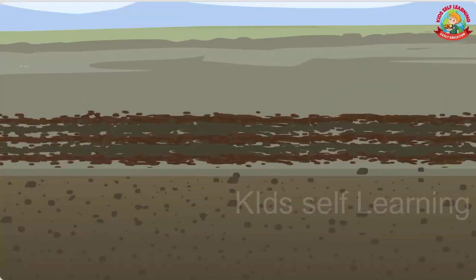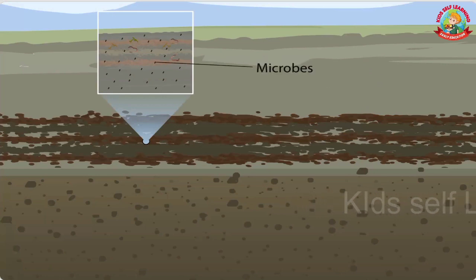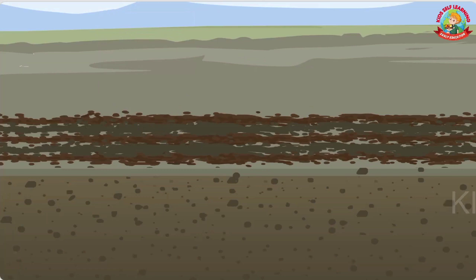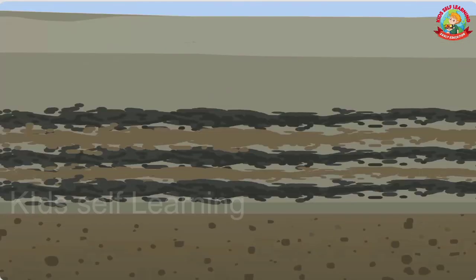The loosened soil helps in the growth of earthworms and microbes in the soil. They further turn and loosen the soil and add humus to it. The humus contains various nutrients which are absorbed by the growing crop.